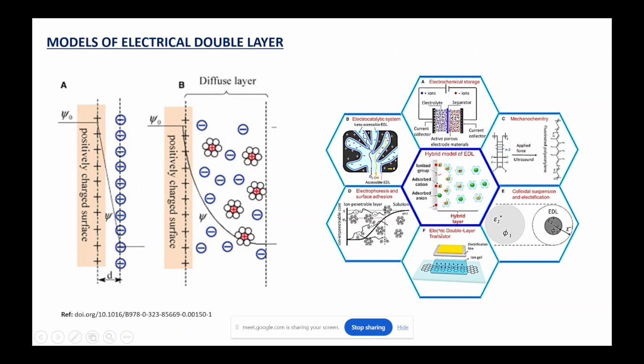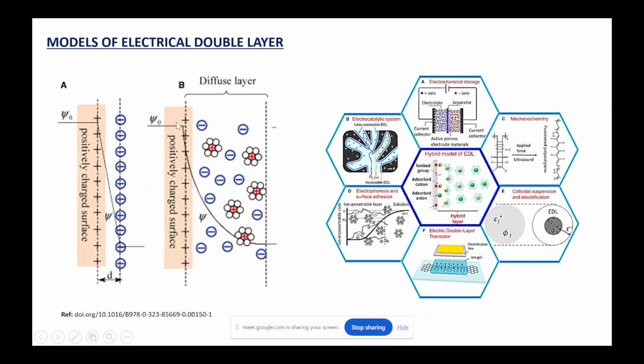If you are interested, you are always welcome to go through how the electrical double layer is helpful in all these applications. As I explained in the last class about electrochemical energy storage, we discussed the separation that happens between the positively charged and the negatively charged molecules. So there is a positively charged surface and the negatively charged molecules formed near the electrode surface.